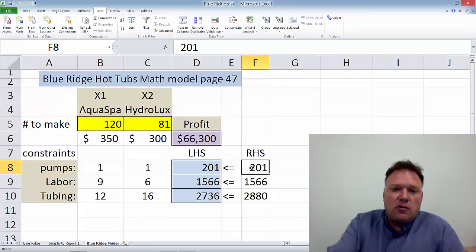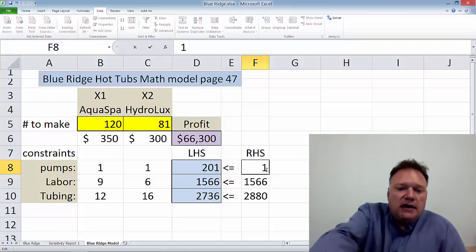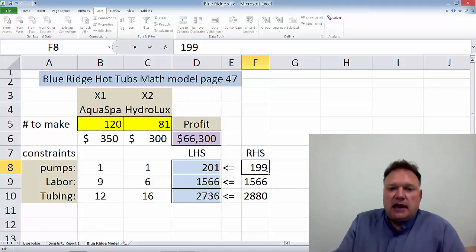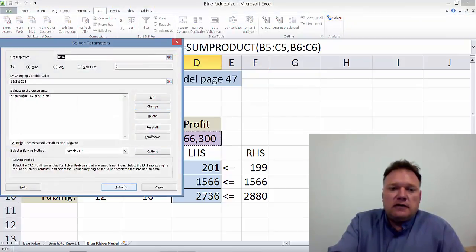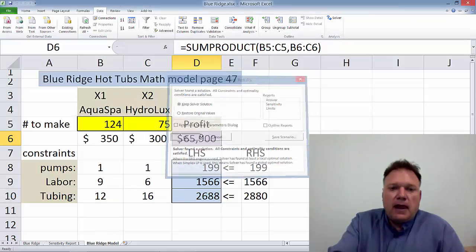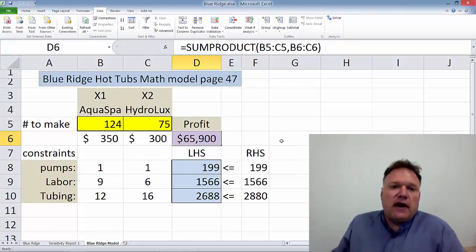Let's see, what if I go to 199? I would expect that earlier profit was 66,100, so it should go down by $200 to 59,900. Let's solve it. Solve. 65,900.